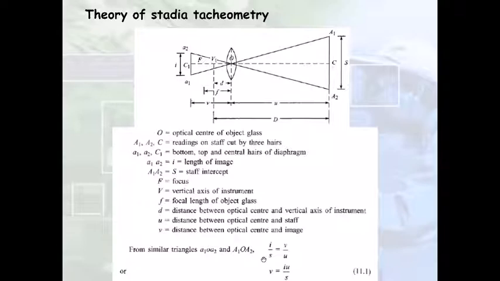So the ratio is this I over this distance V should be equal to S divided by this distance U. And if you rearrange these two equations, it becomes I over S is equal to V over U. And from here, you can calculate the distance V, which is the distance between the location where the image forms to the optical center of the object class. And rearranging, you get this.